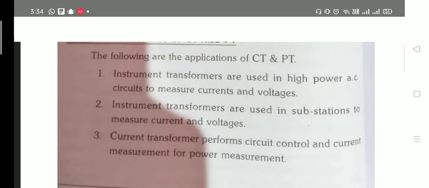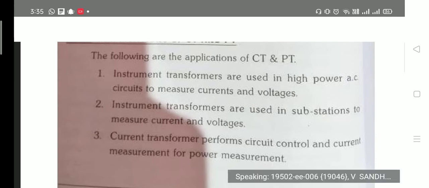Third one is the current transformer, which performs circuit control and current measurement for power measurement. Using the current transformer, we can measure power and control the circuit, converting high current to low current.